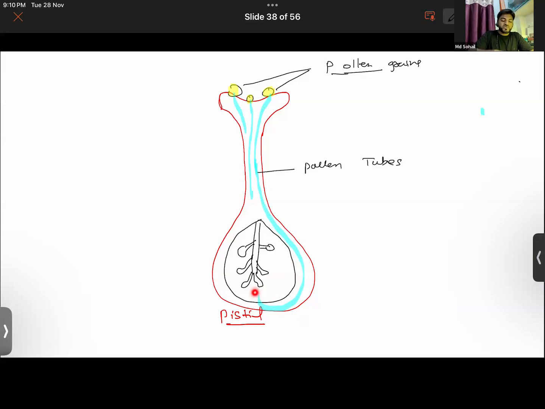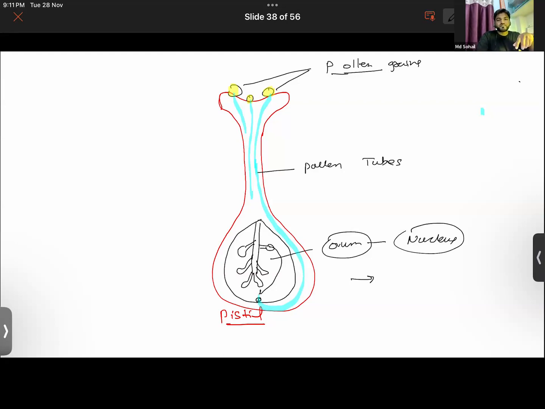Once it goes into the ovary, it will fertilize the ovum, the female sex cell that is there in the ovary, by fusing with its nucleus. So once the pollen has entered here, it fertilizes the nucleus of the ovum, and thereby the zygote is formed. Are you guys getting this or not?